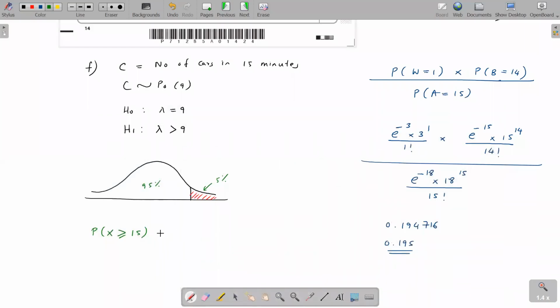So get this 15. Probability X greater than or equal to 15 is 1 minus probability X less than or equal to 14, because you have to see from where the critical region starts. What's 1 minus probability 14? 0.9585. How much is it?